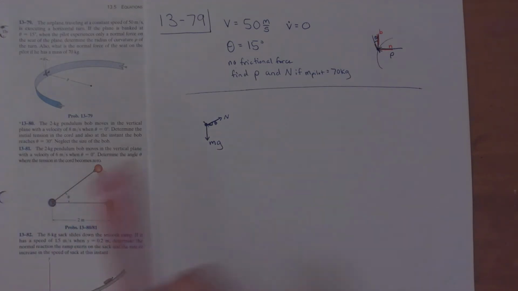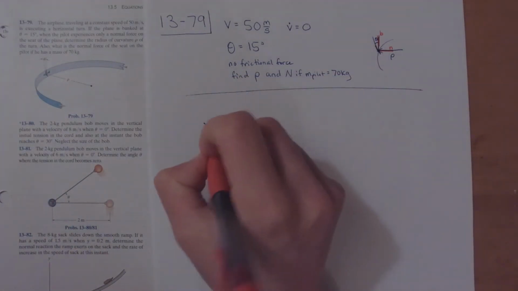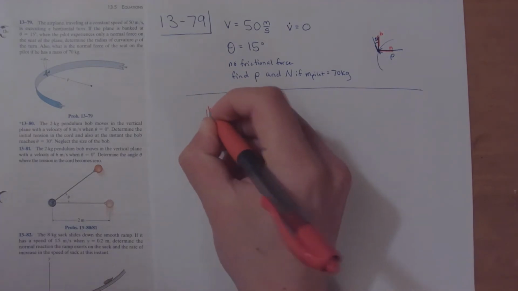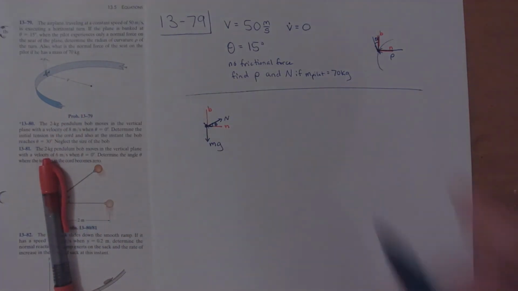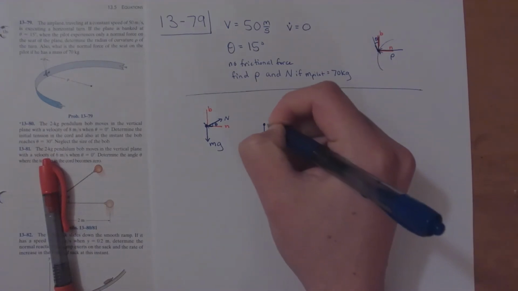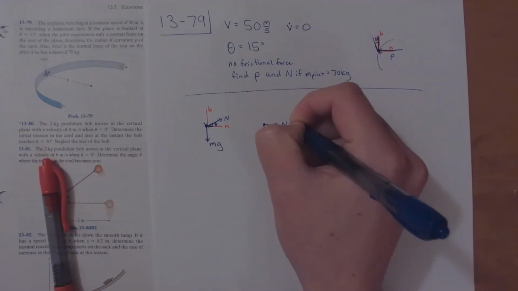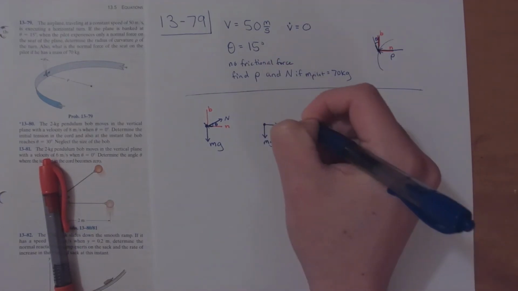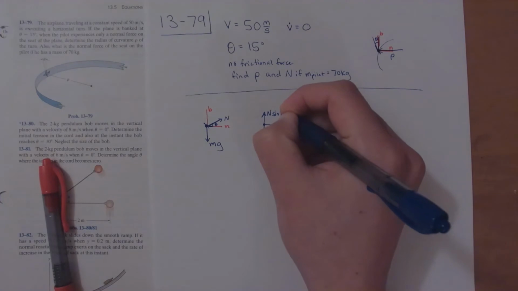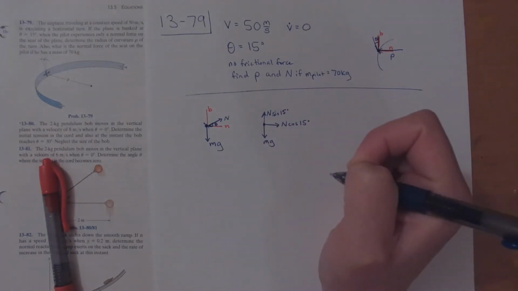Well, not really, because we're going to now break down the normal force into normal and binormal components. So mg points straight downward. This is n cosine of 15 degrees. And this is n times sine of 15 degrees.